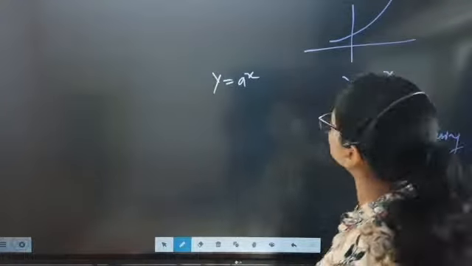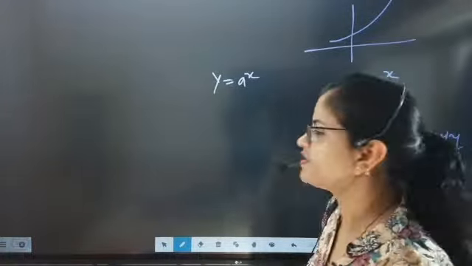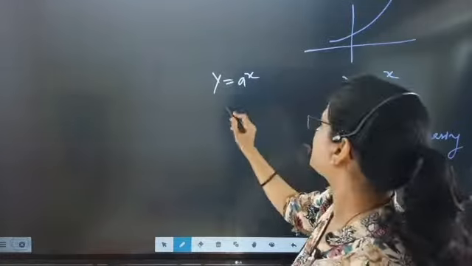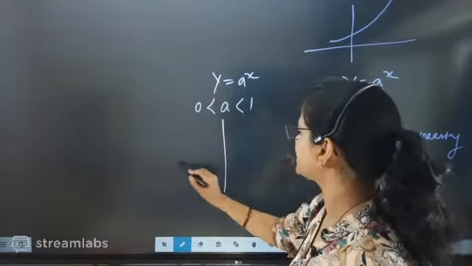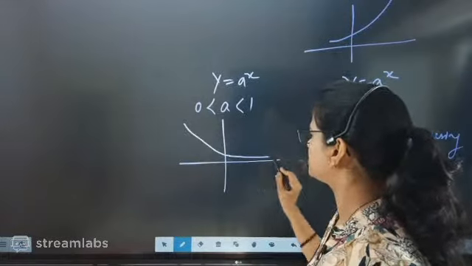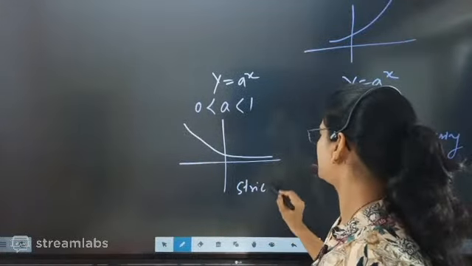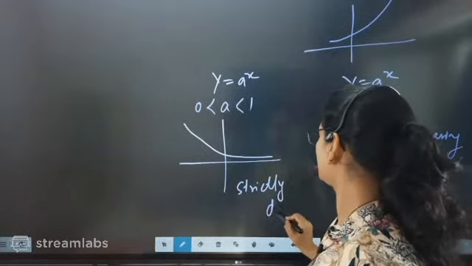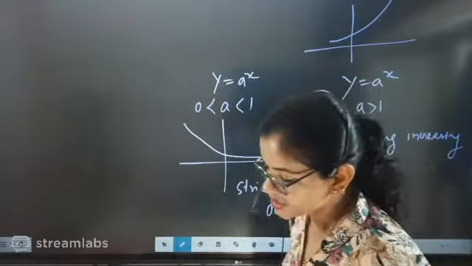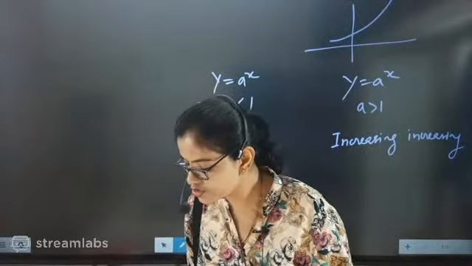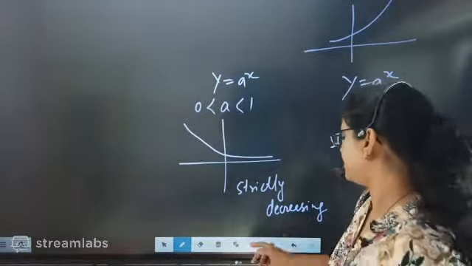The value of x keeps changing, and when a lies between 0 and 1, then it is a strictly decreasing function. It is strictly decreasing, and there should be no confusion related to it.